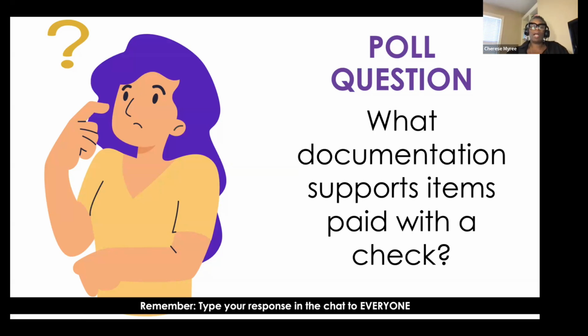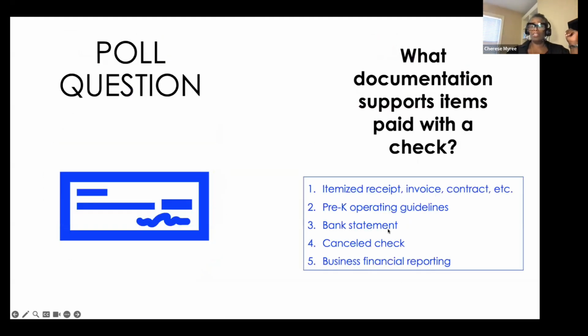And so the types of items that you need to support a check are pretty similar to what you would need for cash, right? You would need the same kinds of things. You're going to need itemized receipts and invoices, the operating guidelines to support that what you purchased and what you used the money for was in fact allowable, bank statements, images of the canceled check, not just the bank saying check number 1234 came out of the account, but who was actually the recipient of that particular check and what was it for?